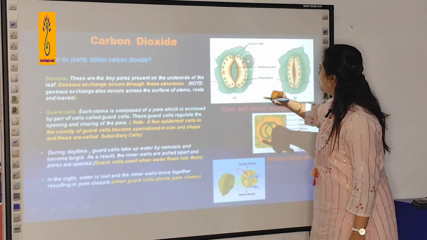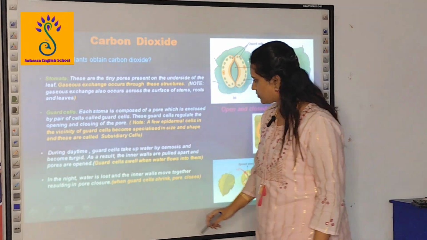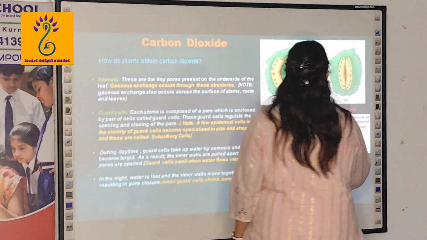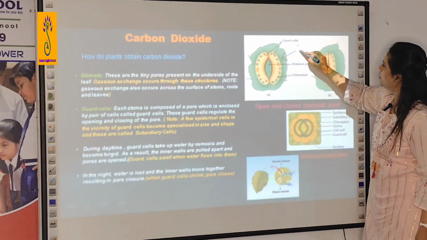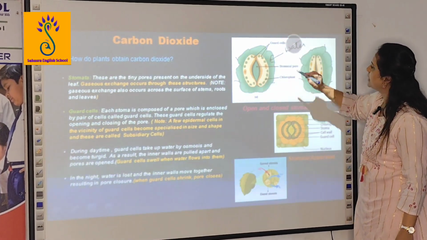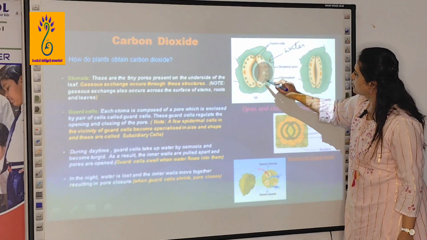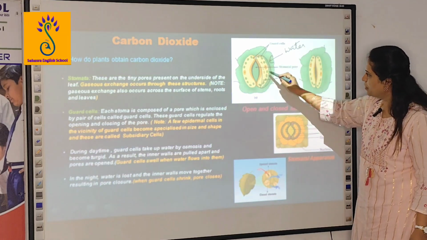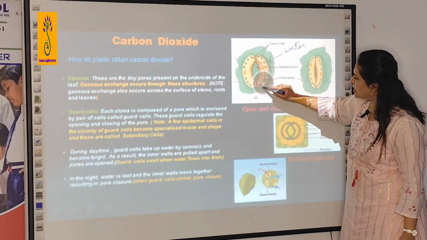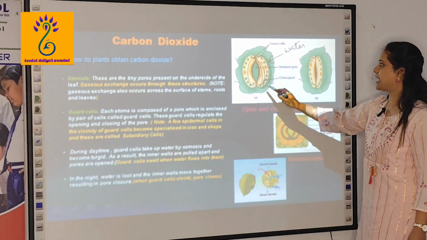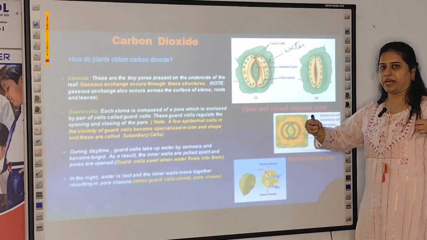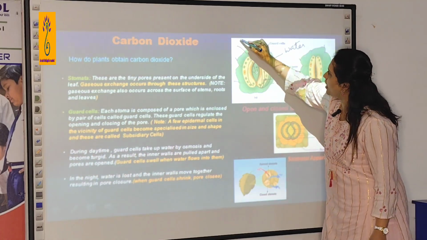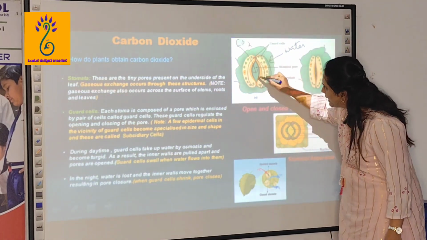So whenever water molecules enter here, they become swollen or turgid, and the inner walls of these guard cells are pulled apart so that there is an opening which will let the atmospheric carbon dioxide enter in.